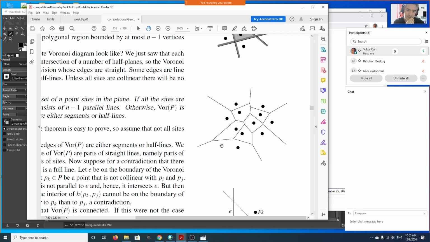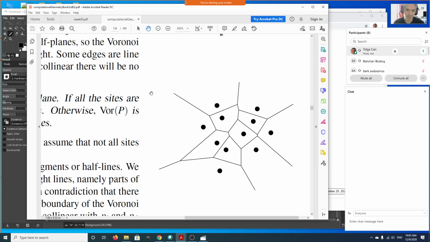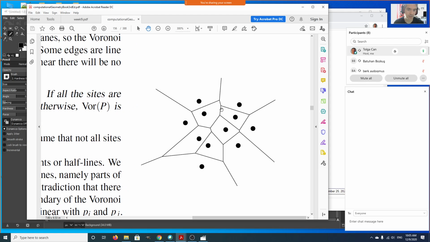So we will just use the Euclidean distance and say that given a point here, if its Euclidean distance to all the points is the smallest to this site, then this point belongs to the locus, the cell of this site. So that's how we are going to create our Voronoi diagrams.